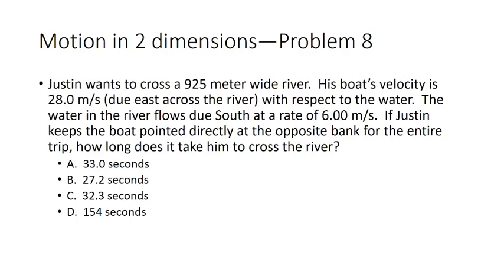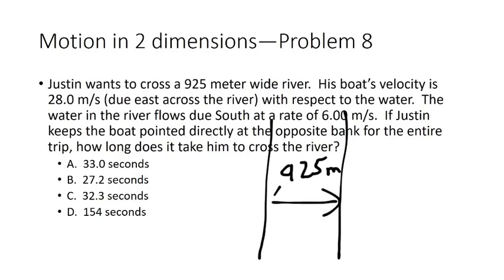The important thing to realize here is, just like we did in the last couple of problems, we need to think of the vertical motions and the horizontal motions separately. So we have this river, and the distance across this river is 925 meters. Justin is moving in this direction at a speed of 28.5 meters per second.